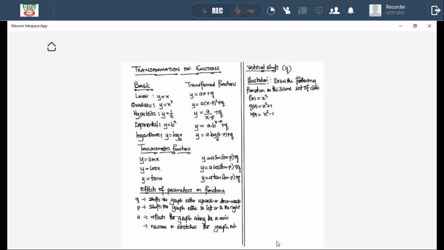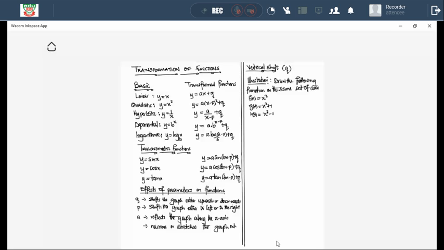If you look at the difference in these three graphs, it is the value of what? Q. The difference between f of x and g of x is that I've added 1. So I want to see what is going to happen to the graph if I add 1 to the function. Whatever we discover on this illustration applies to all the Q's in all the other functions that we looked at.